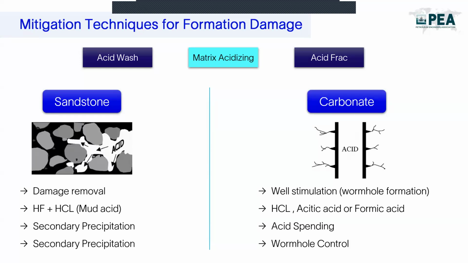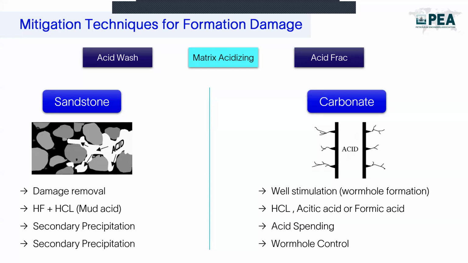Carbonate formations consist mainly of calcite, which is calcium carbonate, and dolomite, which is calcium magnesium carbonate. So carbonate rocks actually have a more homogeneous mineral composition compared to sandstones, making acid reactions more predictable.